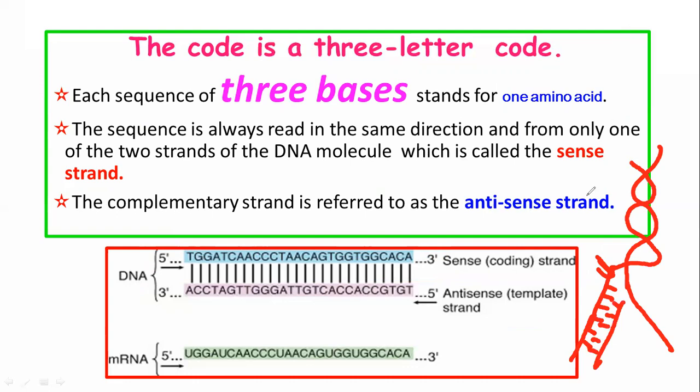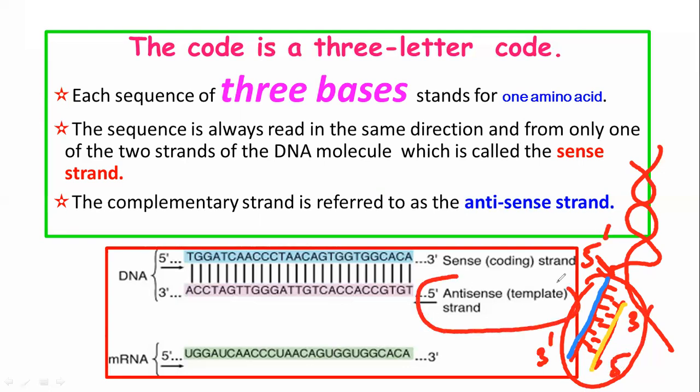So this one, if I'm highlighting it, is called the sense strand. Okay, what will be the antisense strand then? This one. And what other thing you need to remember is it always starts from 5' to 3'. Then the antisense is going to start from 3' to 5'.